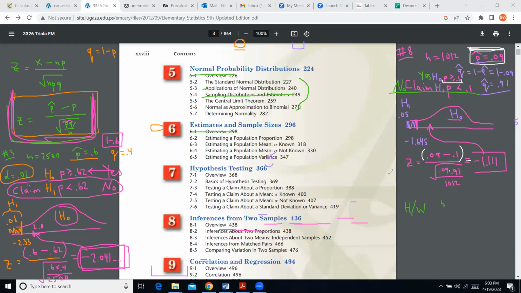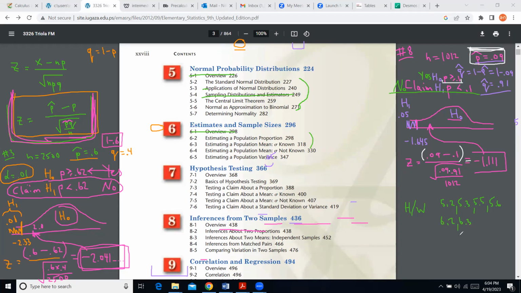So it's 5.2, 5.3, and also 5.5 and 5.6. So we had 4 sections in chapter 5. Then we moved to chapter 6, and we worked with the population mean and proportion. So that was 6.2 and 6.3.